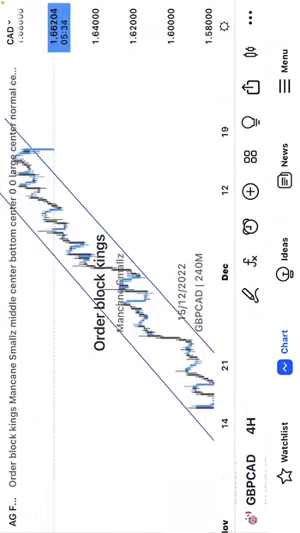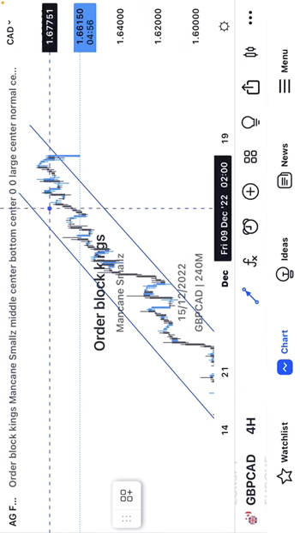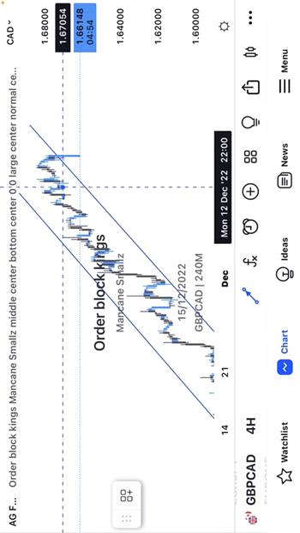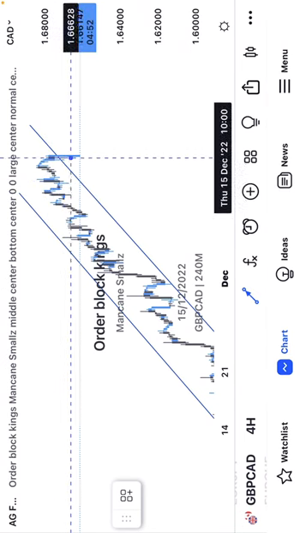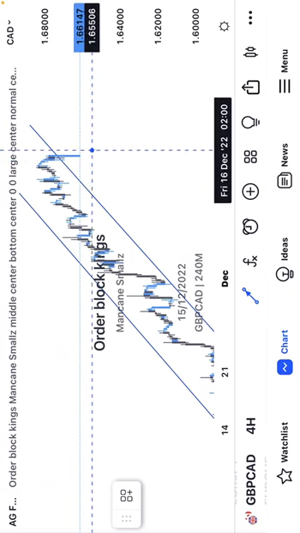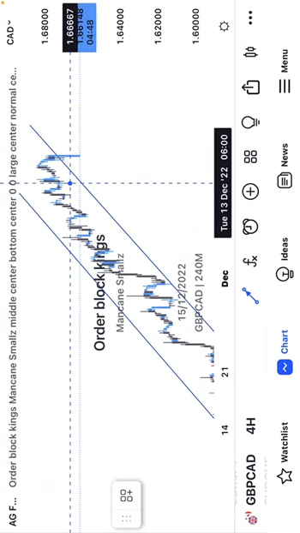Then they went up again to create a new higher high. Even this one, they didn't break this high, but they respected this low, and then created a higher high, a low. They took out the previous high, created a low, respected the low, and now that's why you're starting to see the market breaking the lows, right?